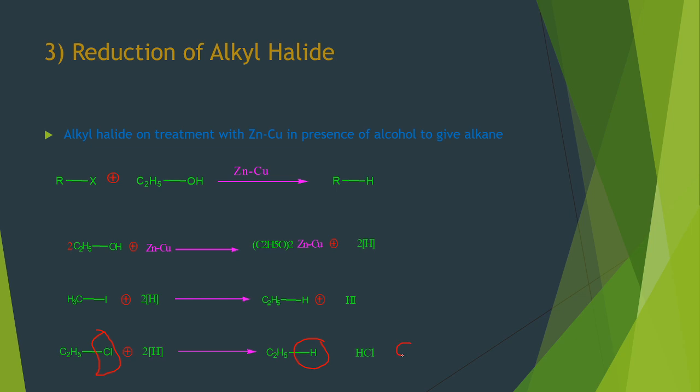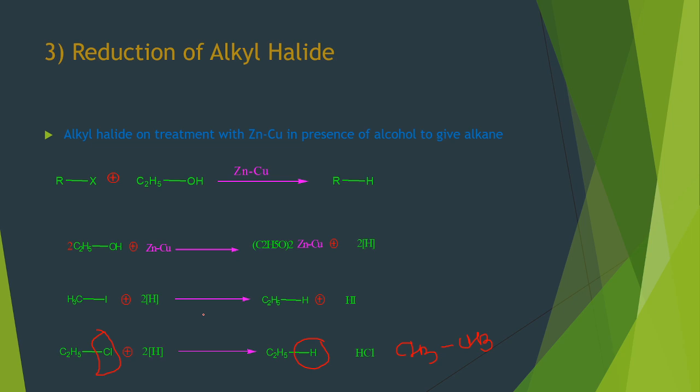Also we can write this C2H6 as CH3 CH3. Therefore, the name of this compound is ethane. That is, ethyl chloride on reduction gives ethane.